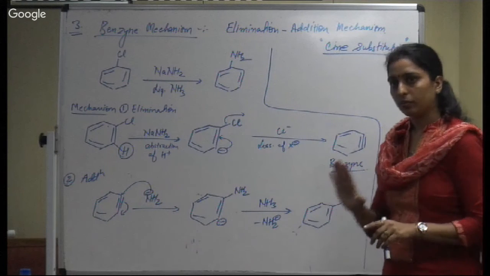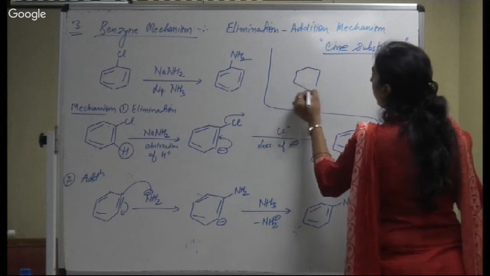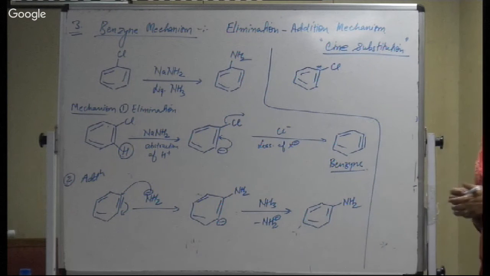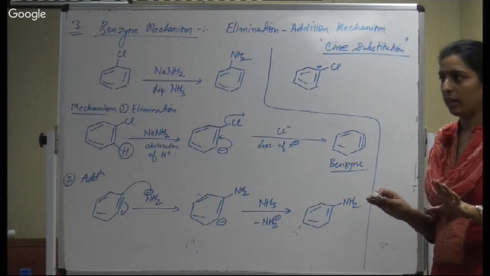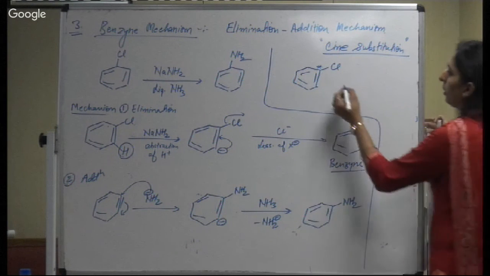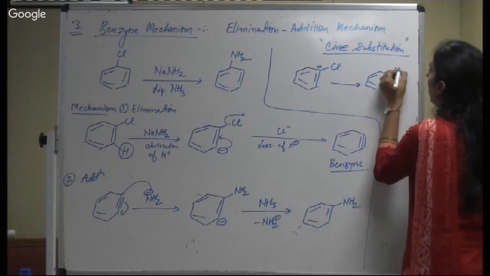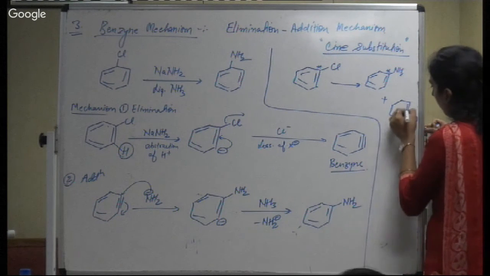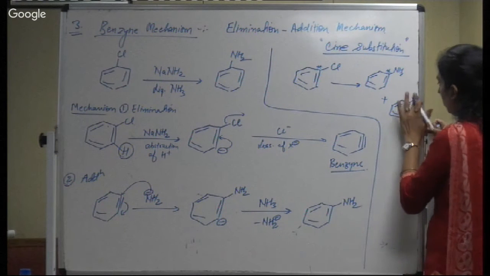Am I clear? The first evidence that the mechanism is this: when we treated isotopically labeled chlorobenzene, that means the carbon you have labeled, you know it's a heavier isotope, the product which was formed was simple aniline along with the one in which NH2 is attached to the labeled carbon.